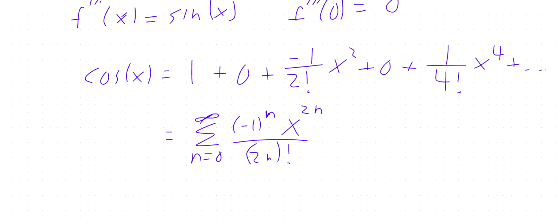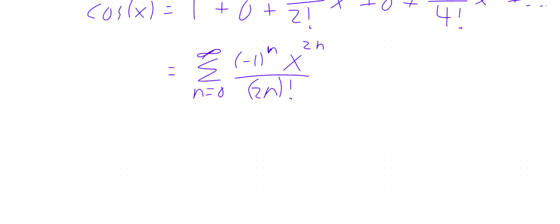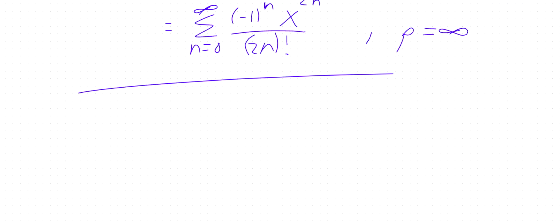Again, make sure inside that factorial we have parentheses so that the factorial applies to the whole thing. And your radius of convergence for all of these is going to be infinity for the sine and cosine, just like the exponential.